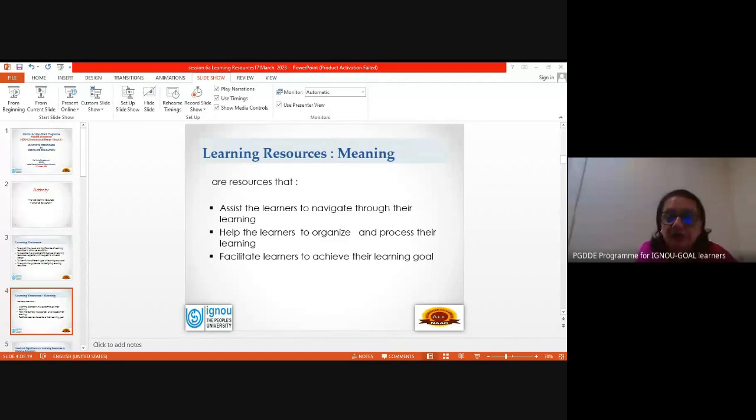In order to eliminate the barriers in learning, teachers try to provide a number of resources which can help the learner, in fact, different types of learners also.